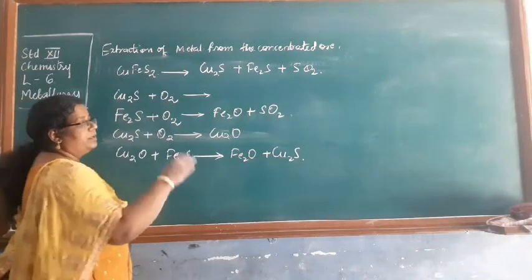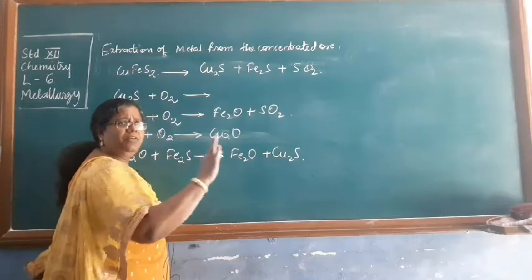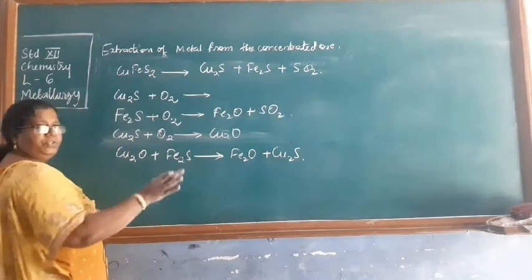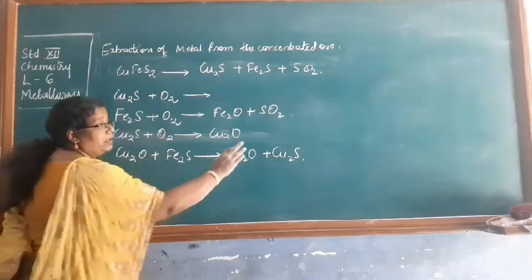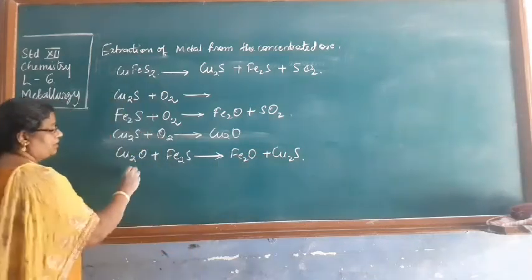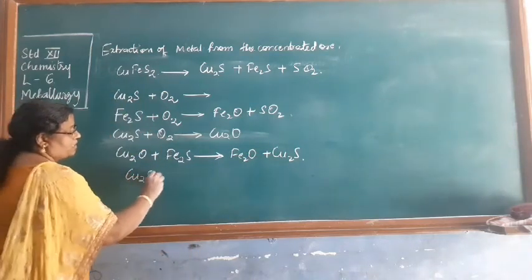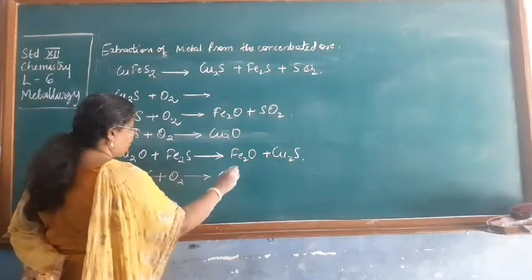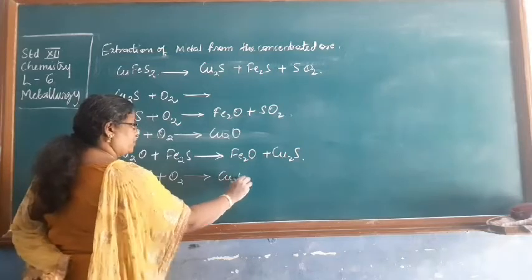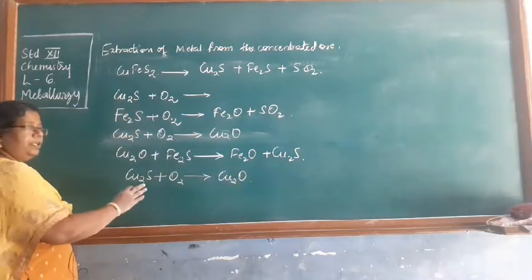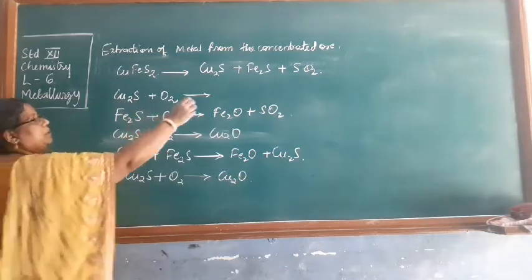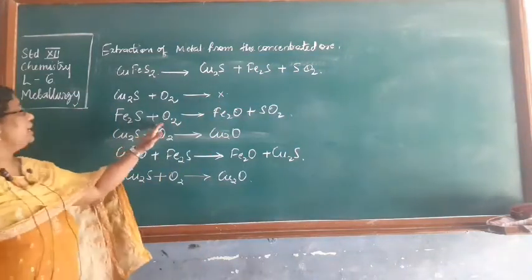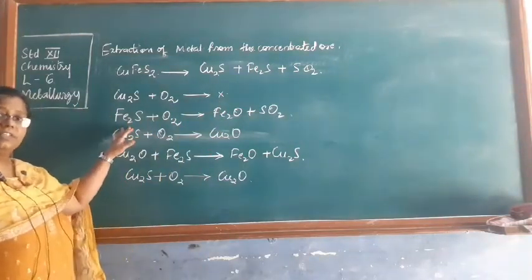Then when all the FeO is formed from the Fe2S, then the copper sulphide will get converted to copper oxide. Copper sulphide reacts with oxygen to give you copper oxide. This happens at the end, in the beginning this won't take place because oxygen has more affinity towards iron sulphide.